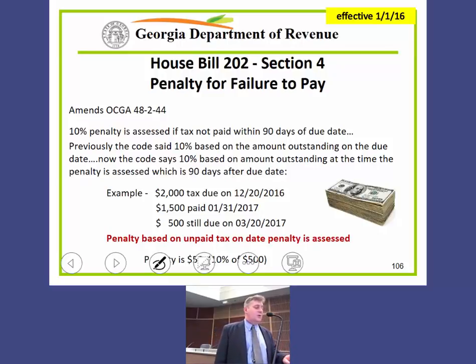Yes, if your local ordinances have a provision for the delinquent tax penalty, that would override this. But if there's no provision, this code section would be what should be applied. The 10% penalty assessed 90 days after the due date.